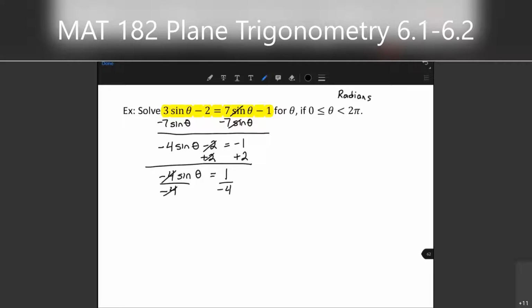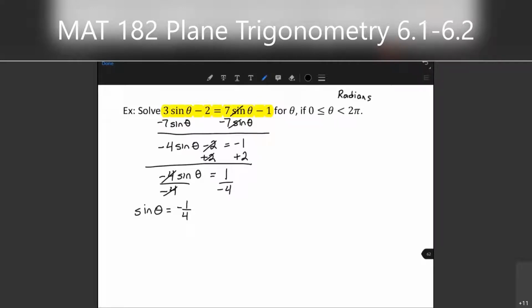So this certainly is not a common ratio for us, but we can still solve for our radian calculations. So we have the sine of theta is equal to -1/4.